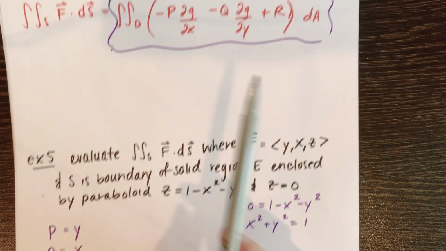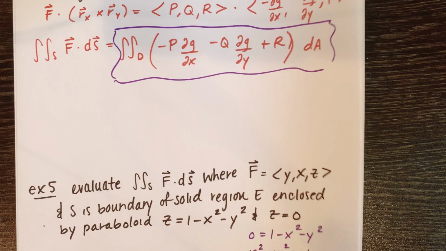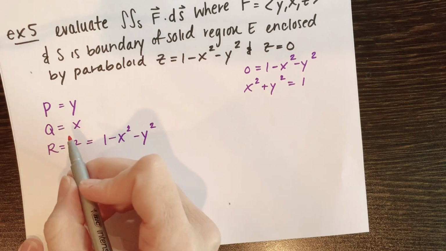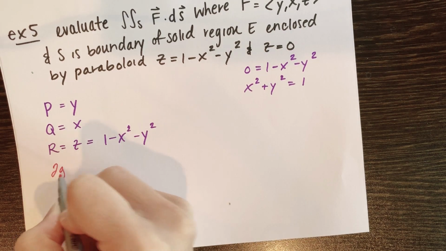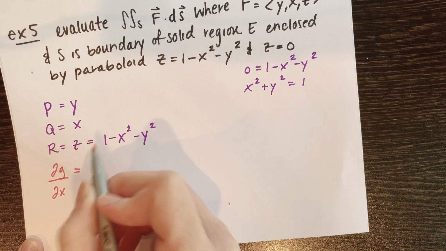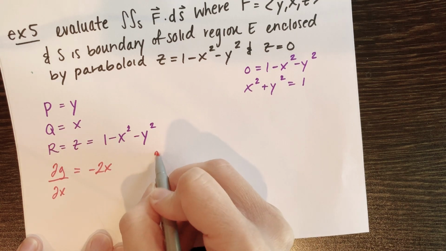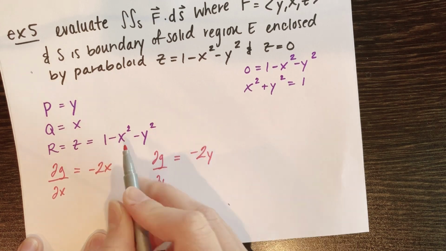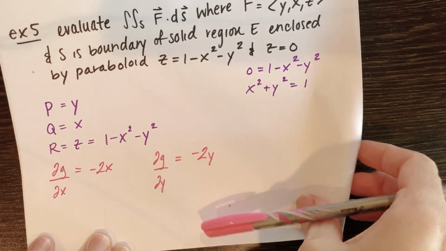Then, in order to use my formula, I want to find del g del x and del g del y. So del g del x is going to be negative 2x, my partial with respect to x, and del g del y is going to be negative 2y, my partial with respect to y.